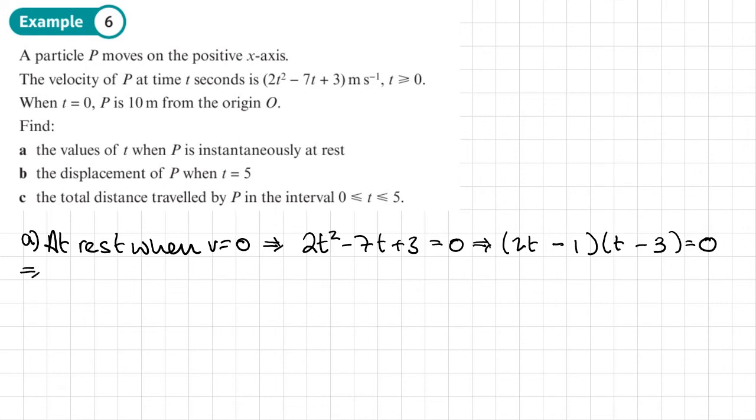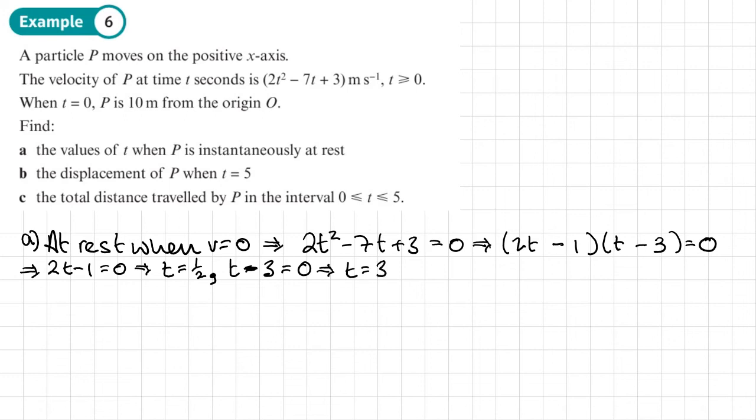So that means that either 2t minus 1 is equal to 0, and that will give me 2t equals 1, or t is equal to a half, and then t minus 3 is equal to 0. So my other value is that t is equal to 3.